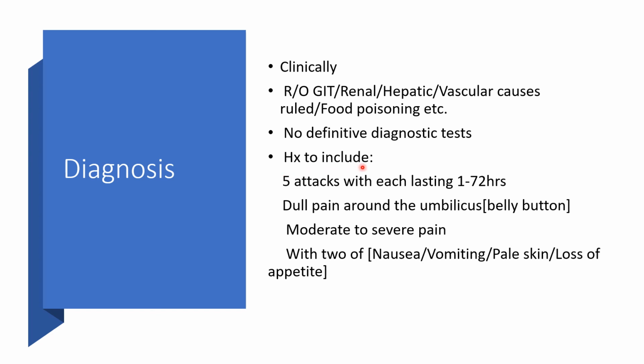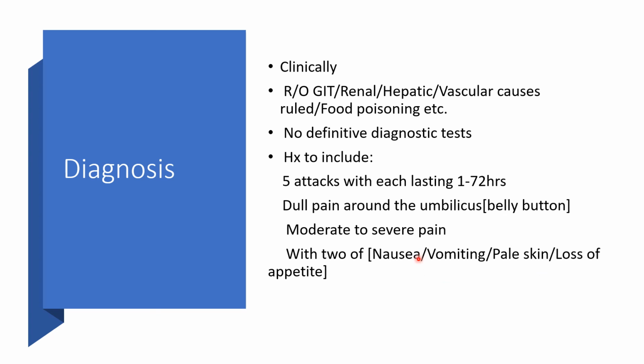The history here should include having 5 attacks, with each attack lasting between 1 to 72 hours. And also, the history should include dull pain around the umbilicus, known as belly button, with moderate to severe pain, with 2 of the nausea and vomiting, or pale skin or loss of appetite.